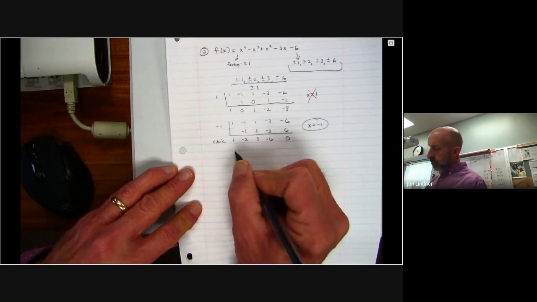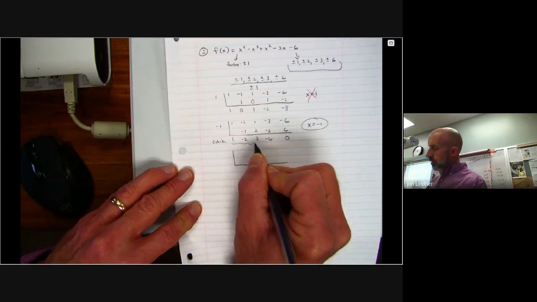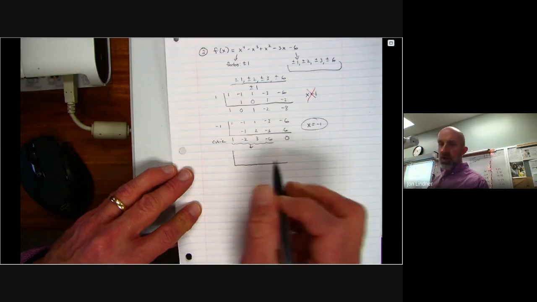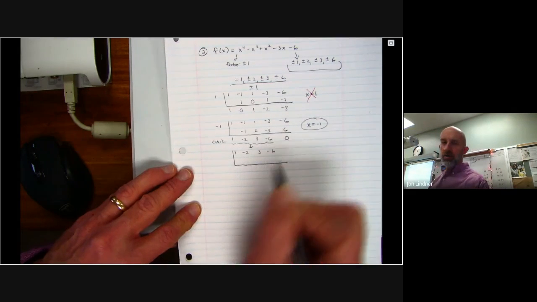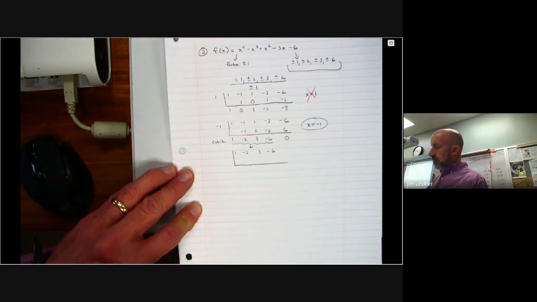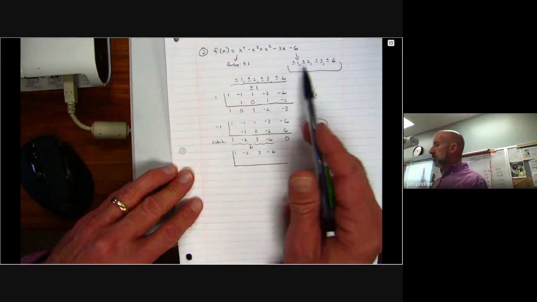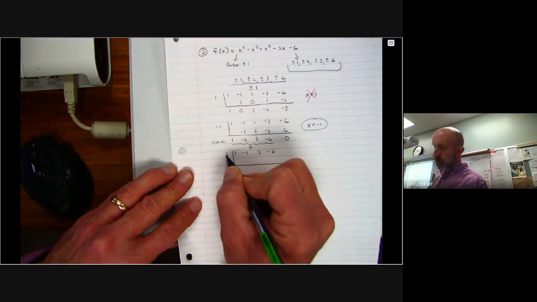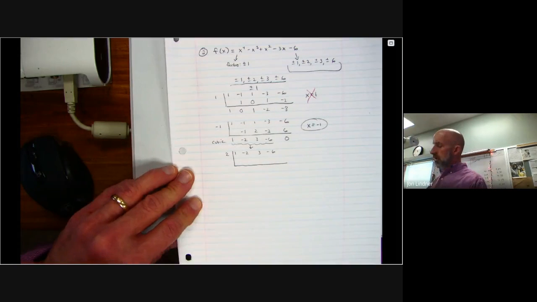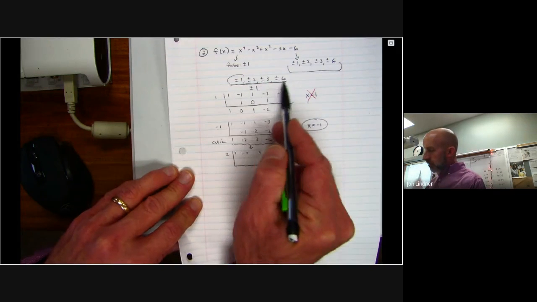So what I have to do is put these numbers down here, 1, -2, 3, and -6. And now I need to divide it by something. Well, I've already found -1, so why don't I try dividing by 2, one of my other possibilities. Remember, 2 was one of my possibilities that I found up here.